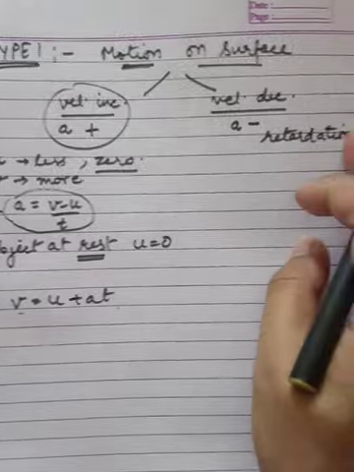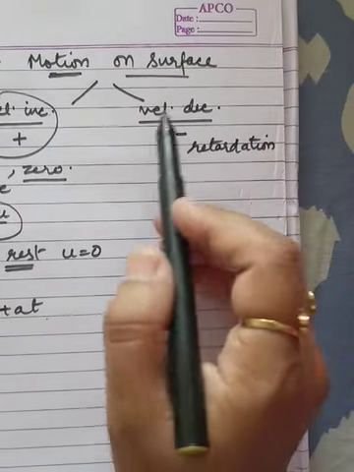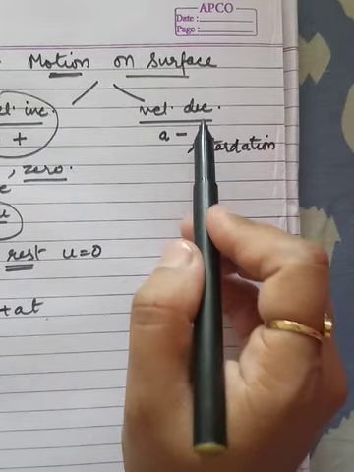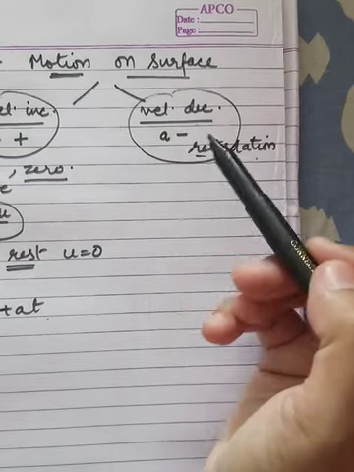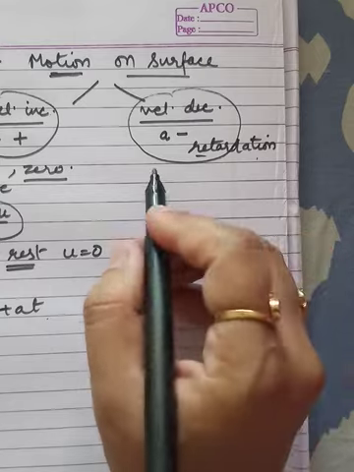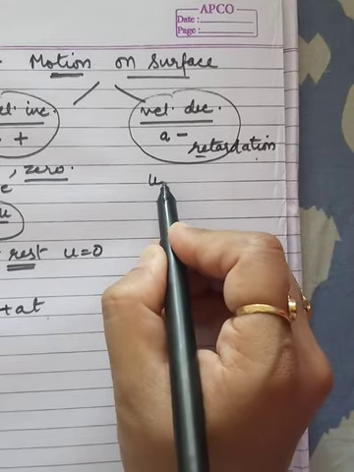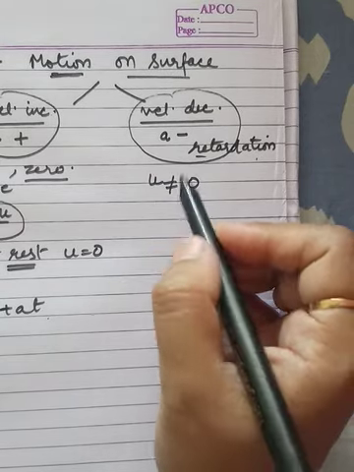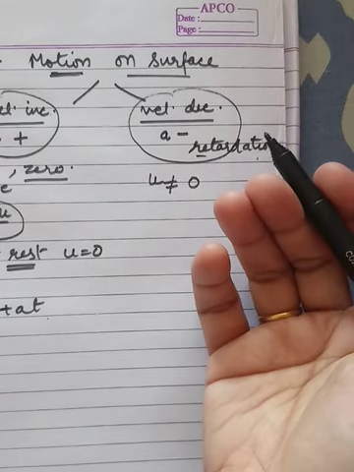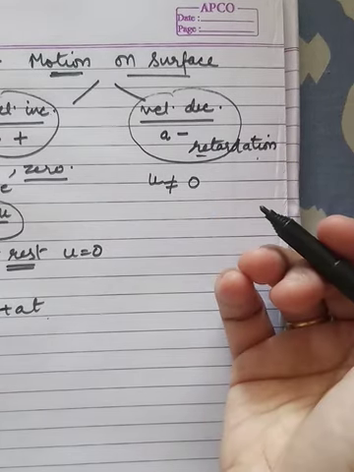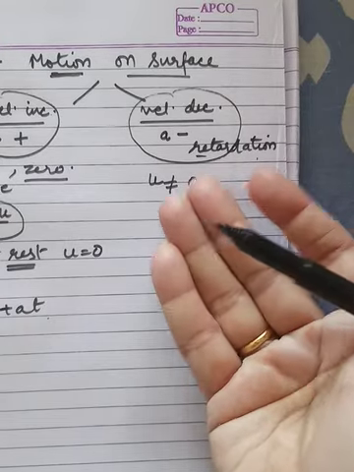Okay, next case is when the velocity is decreasing, that means acceleration is negative, or we can have retardation in that case. For this case u can never be 0, because velocity is decreasing, so it must have some velocity initially. That is why it is decreasing. If it is already 0, how much will it decrease?